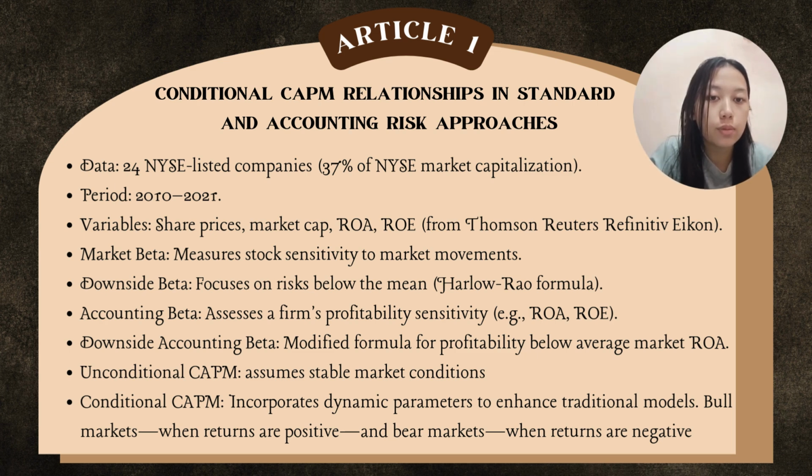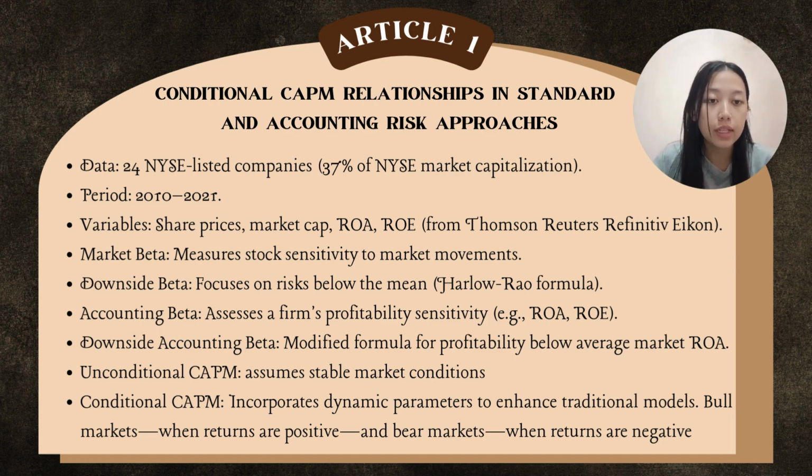This study uses a broader methodological approach by incorporating both traditional market beta and accounting-based betas. Traditional beta measures the sensitivity of a stock's return to overall market movements, while accounting-based betas, such as return on assets (ROA) and return on equity (ROE), assess how a firm's financial performance responds to broader market conditions.